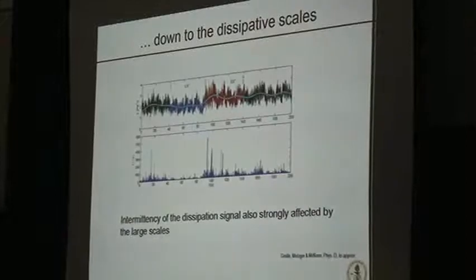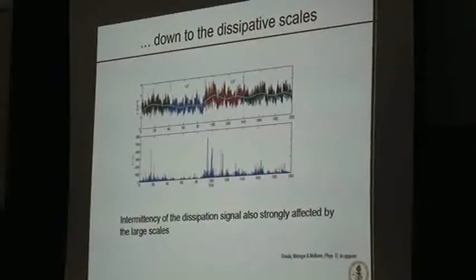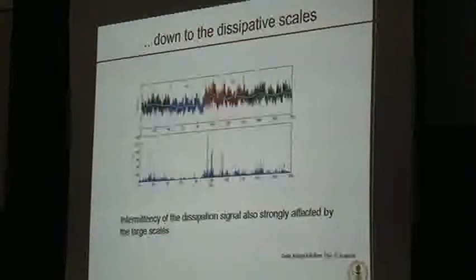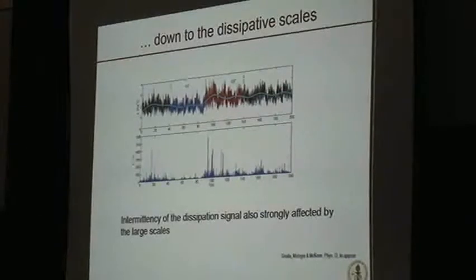And you even see it down to the dissipative scale. So if you look at a large scale negative excursion and a large scale positive excursion, and then you look at the local dissipation, so the dissipation divided by the mean, we know that the dissipation signal is very intermittent. You can see once again quite strongly influenced by this very large scale.